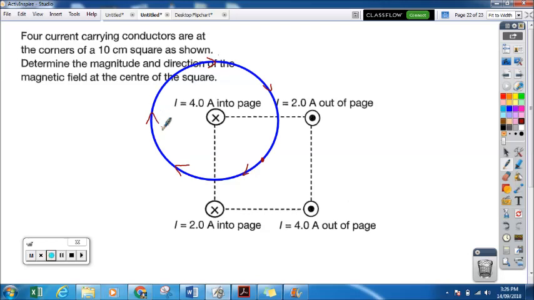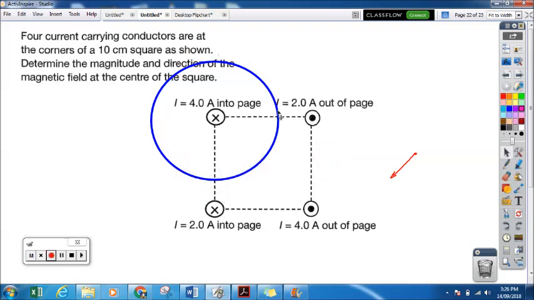So looking at what is happening right here in the center, there is this direction at that point. So we know that the field is at a tangent at this point. It's going to be 1.13 by 10 to the minus 5 Tesla, and it's going to point that way. So far we know that we have one pointing there from that one there. Now rubbing that one out, I'll write that all down.